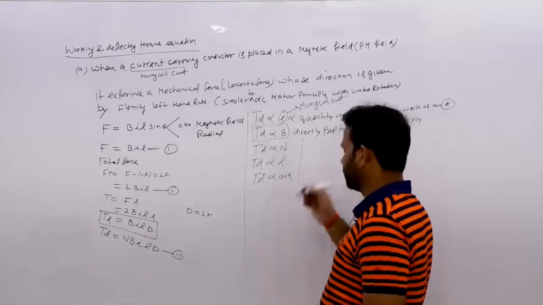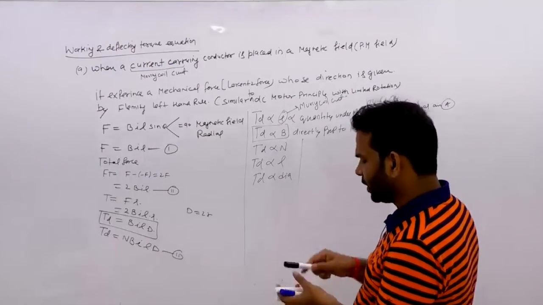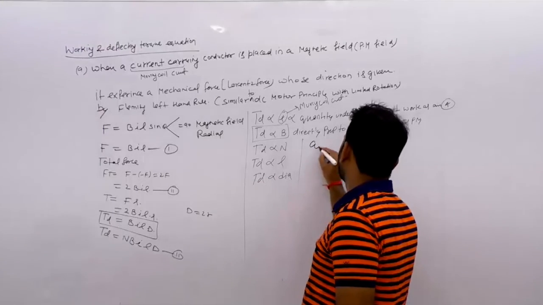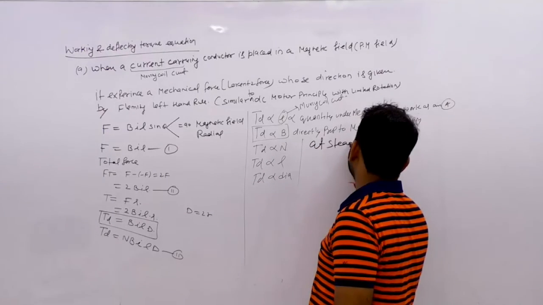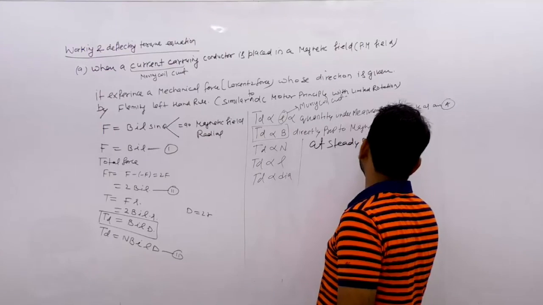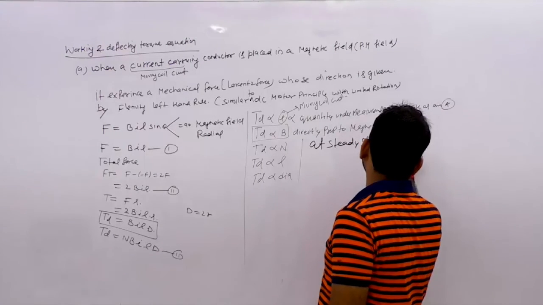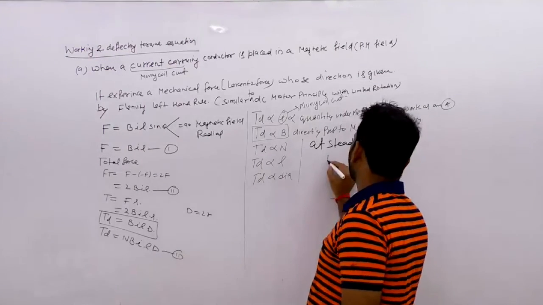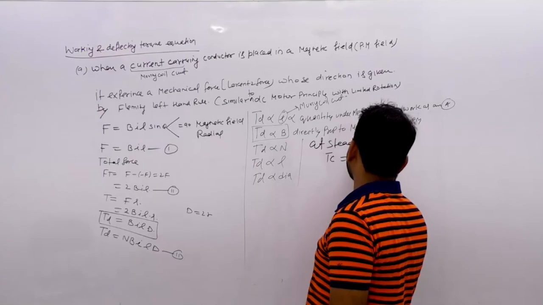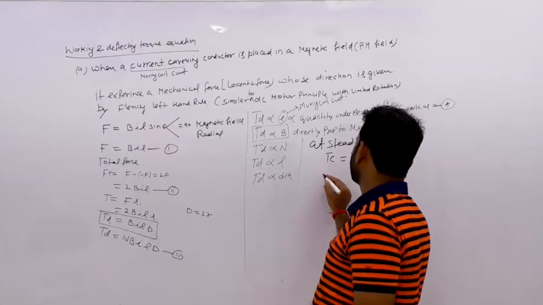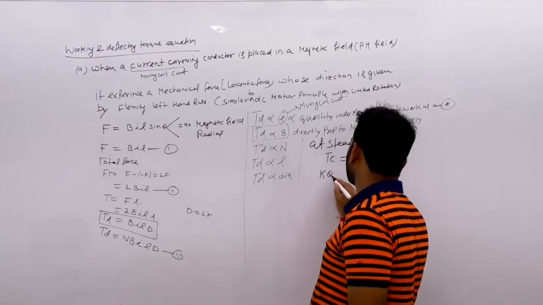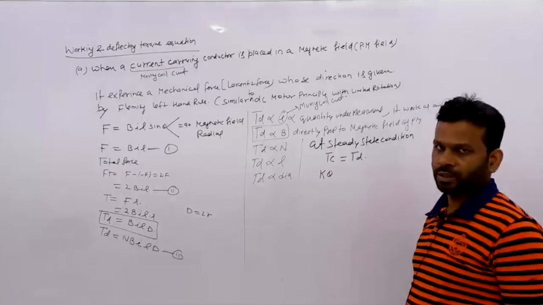So at steady state condition, the controlling torque is equal to the deflecting torque, and TC is equal to K theta, and theta is the deformation in the spring.